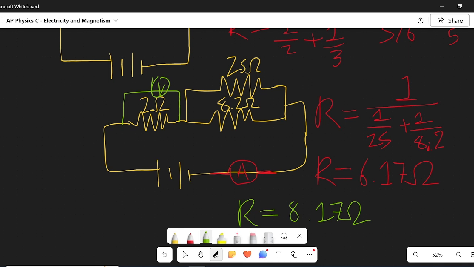And because elements in parallel exhibit the same voltage, the voltmeter is able to measure the voltage of the element it is connected across. In order to make sure that the addition of the voltmeter doesn't actually affect the circuit, the voltmeter is designed to have super high resistance. Like we're talking millions and billions of ohms, right? Because they only really need a tiny little piece of electron to come through to get their value.